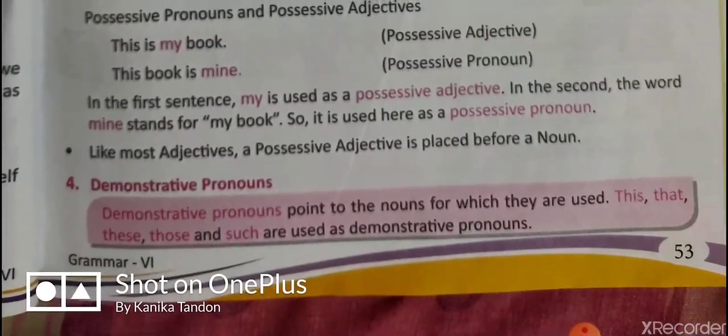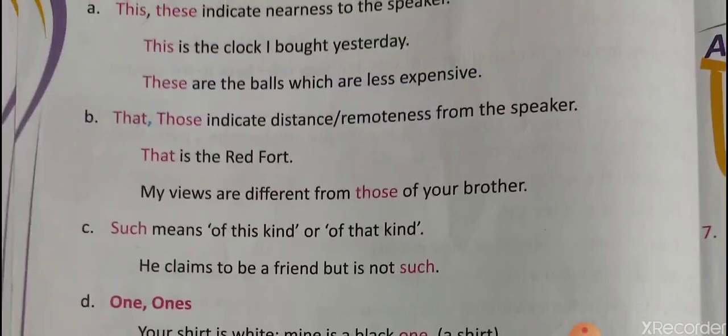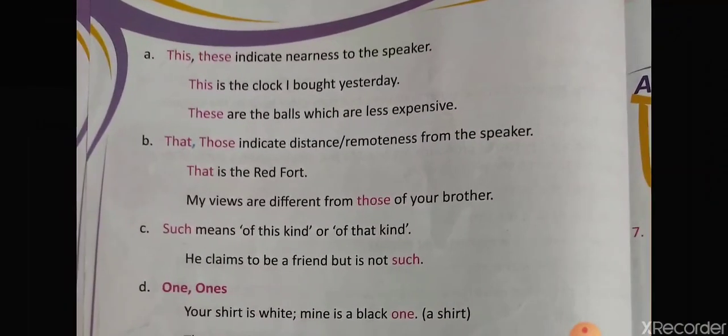Next one is demonstrative pronouns. So demonstrative pronouns are those pronouns which try to demonstrate something to us. Like with this, that, these, those, through these words we actually demonstrate something. We tell that okay, we are talking about that particular thing, this particular thing, those particular things, these particular things. So these are the words that demonstrate something, right?